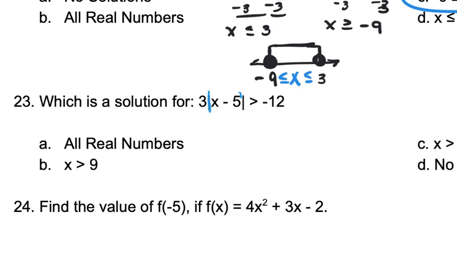Okay, absolute value inequality. Get the absolute value alone. So here we divide by 3. Hey, look at that. When is the absolute value of something greater than negative 4? The answer is always. Remember, absolute values give us positive numbers out or just 0, but you never get negatives out. So no matter what x is, say x is negative a million, fine.